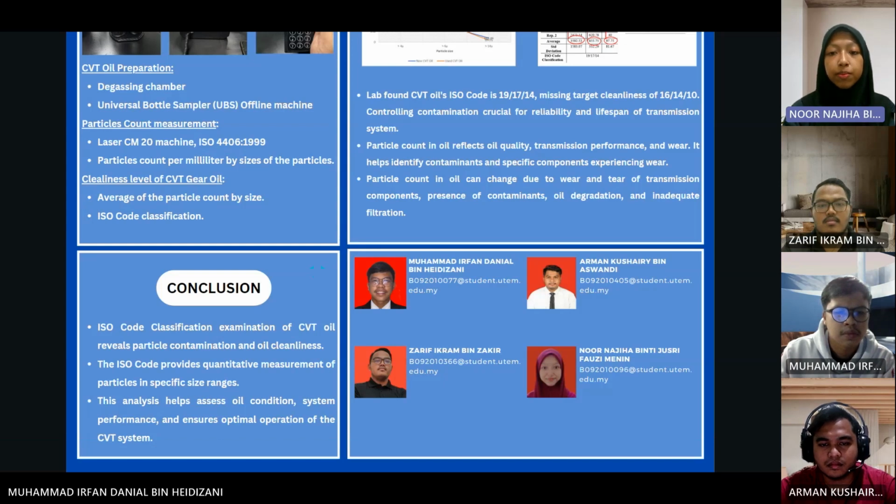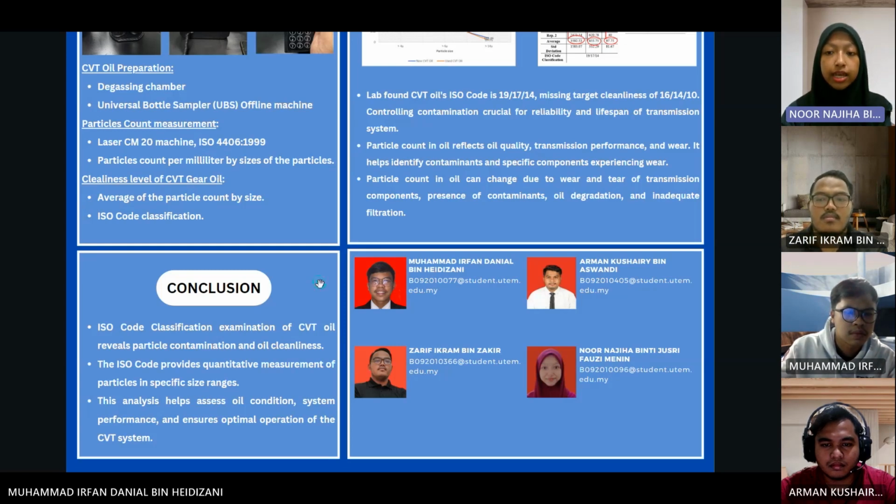So in conclusion, particle count analysis provides essential information regarding the degree of purity and particle contamination in hydraulic oil samples. By adhering to ISO standards and utilizing the proper monitoring equipment, maintenance professionals can effectively assess the condition of lubricant and take preventative measures to maintain system purity and avoid potential problems caused by particle contamination. That's all. Thank you.